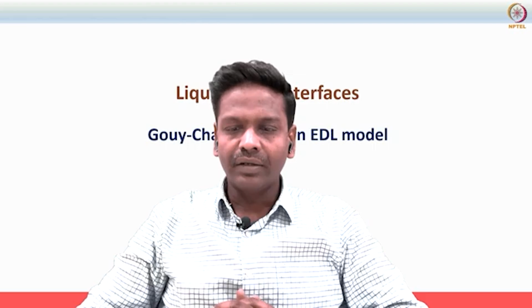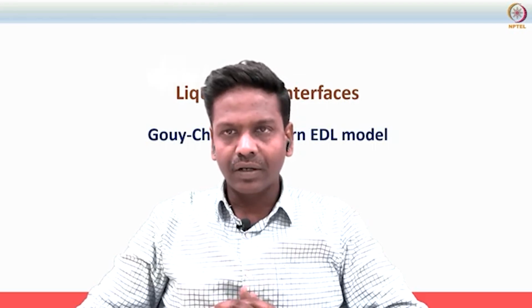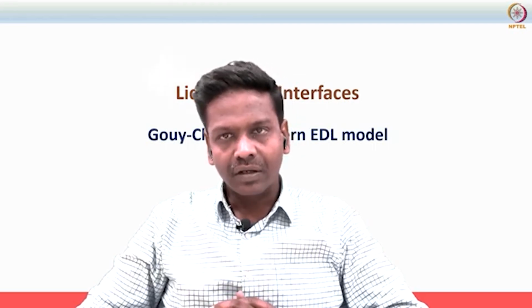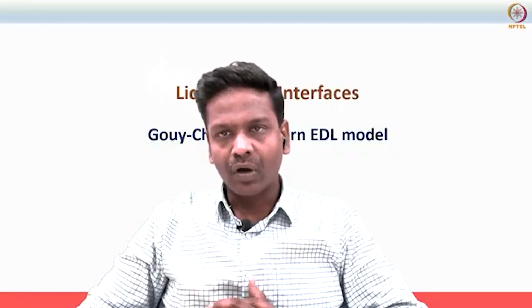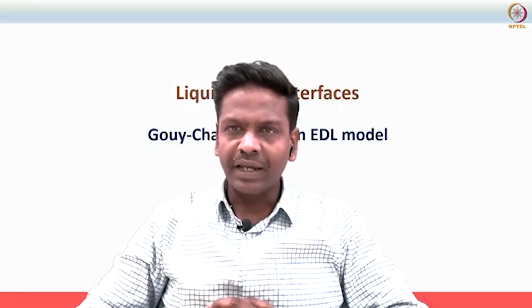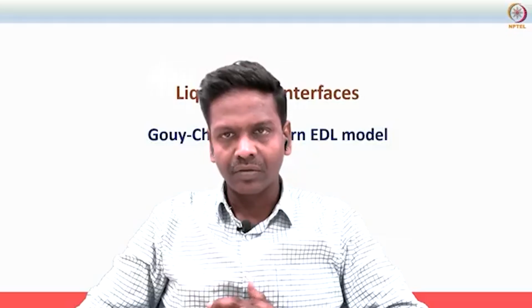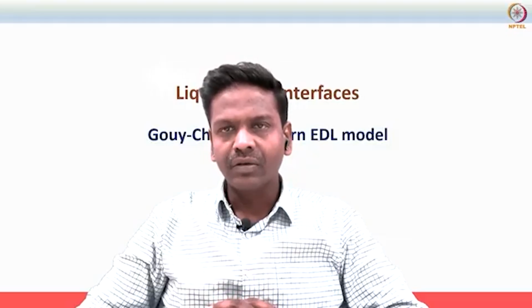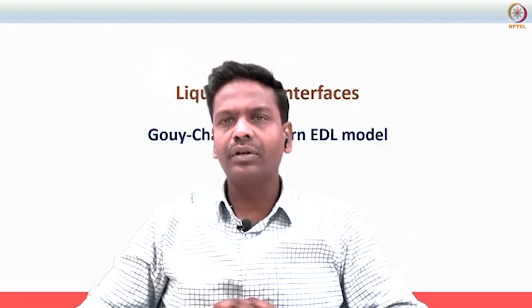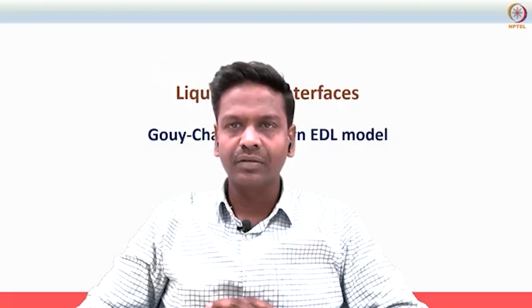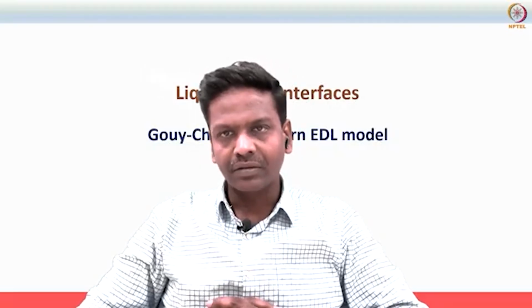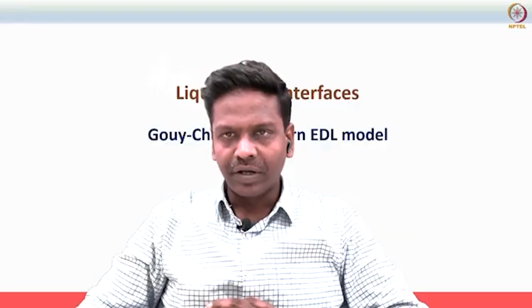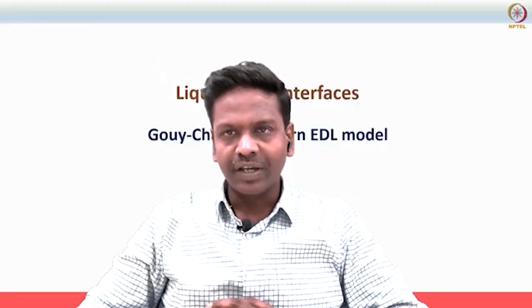We can continue to use the Gouy-Chapman model by making a slight modification in the equation. Apart from this, we will also look at how to determine the Debye screening length for a given electrolyte strength and temperature. So let's begin.